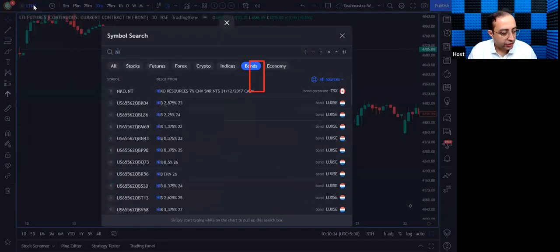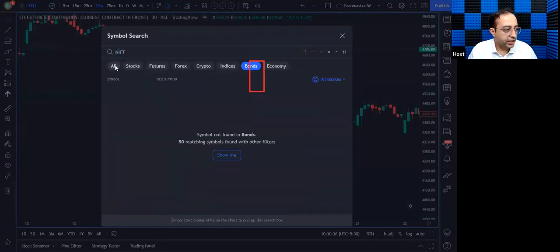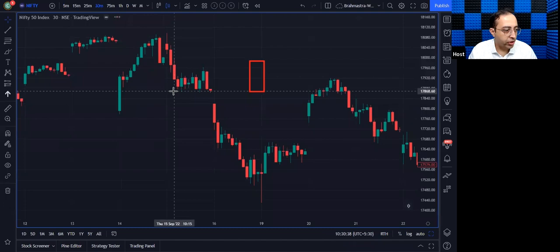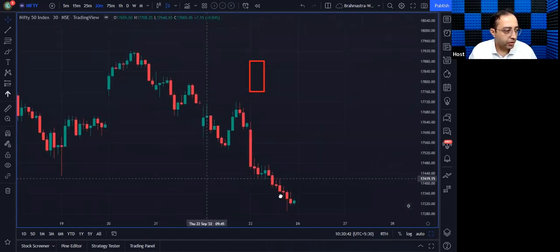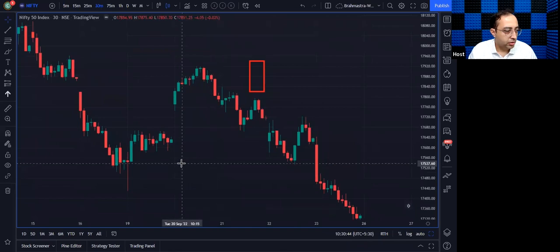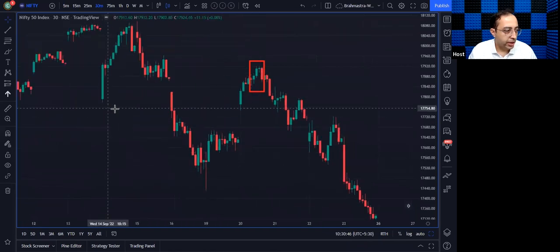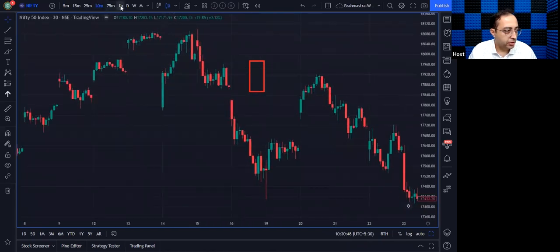Let's put an index. Index has not seen much movement. That is why I have not put an index, but we can go to the intraday chart and see if we are able to get any clue from here. You can go into any time frame.